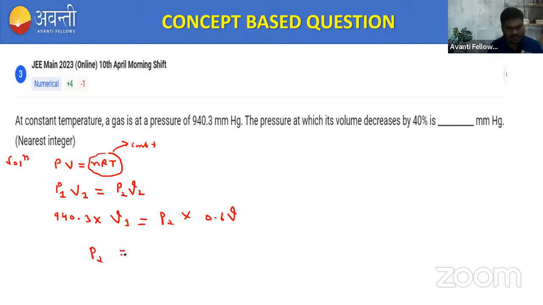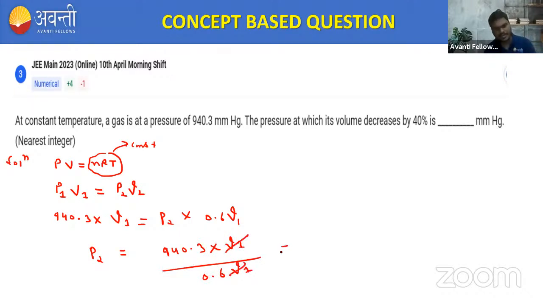So P2 कितना आएगा? ये आ जाएगा आपका 940.3 हाँ इंटू V1 divided by 0.6 V1. This V1 get cancelled. So बस इसको सॉल्व करना है. So solving what you'll get बेटा 940.3 mm of Hg divided by 0.6. ठीक है, so बस इसको सॉल्व कर लो.